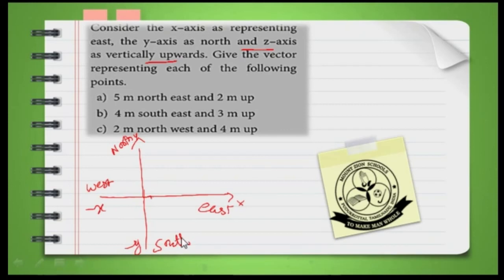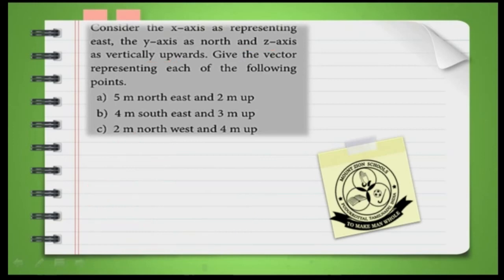So this is taken as plus x, plus y. So unit vector along the direction is plus i cap, plus j cap, minus i cap, and this is minus j cap. Okay. Now, first question, 5 meter northeast and 2 meter up.